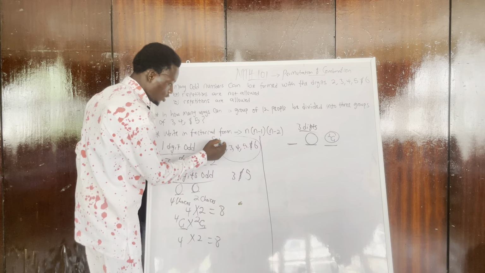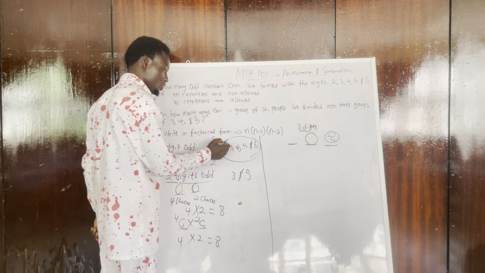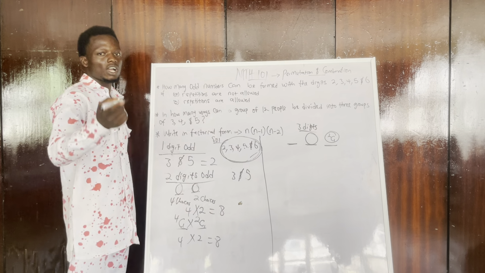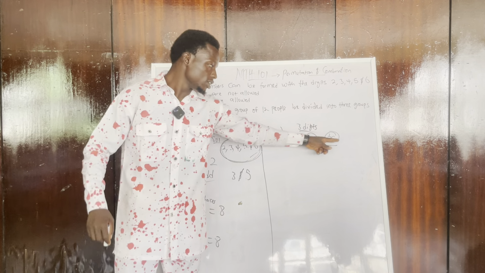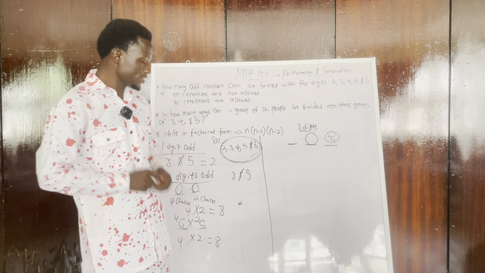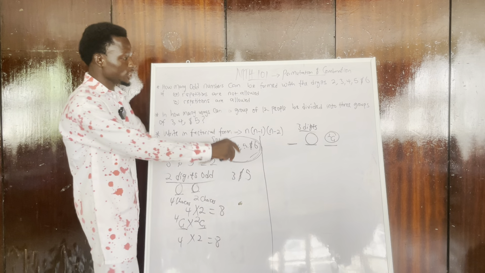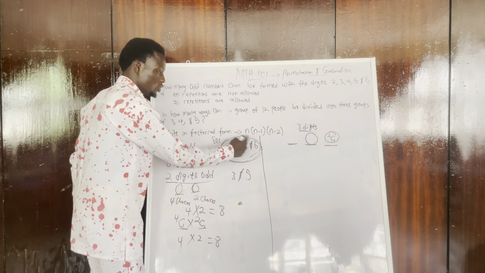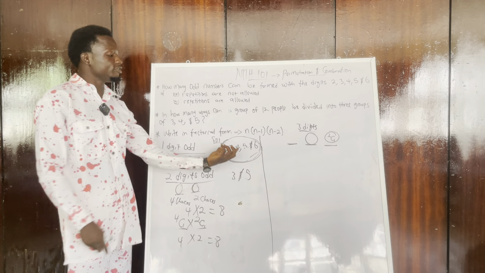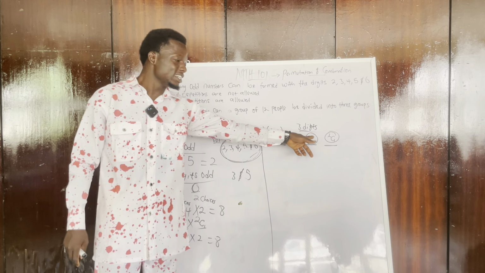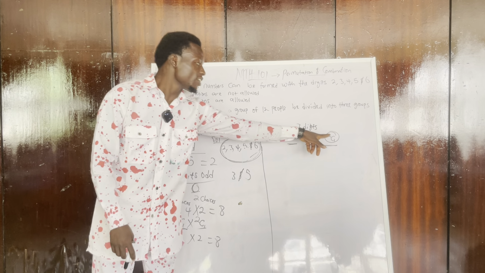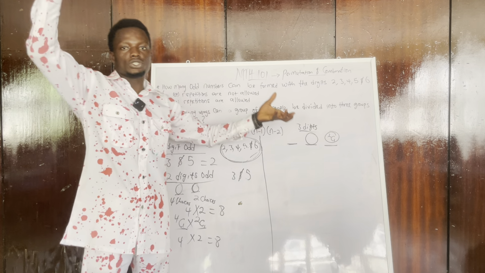So all these 5 choices you have are no longer up to 5 because you've used one. The one you use, you are not concerned whether it's 3 or 5. You've used one. It can be 3, it can be 5. Just know that you've used one here. So you have just 4 choices left to fill the second one, because whatever you use here, you can't choose it again.